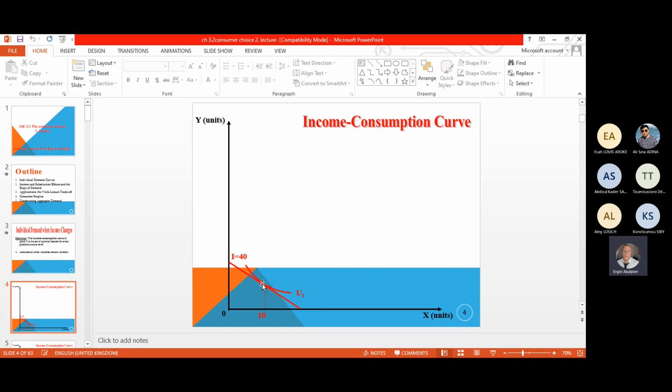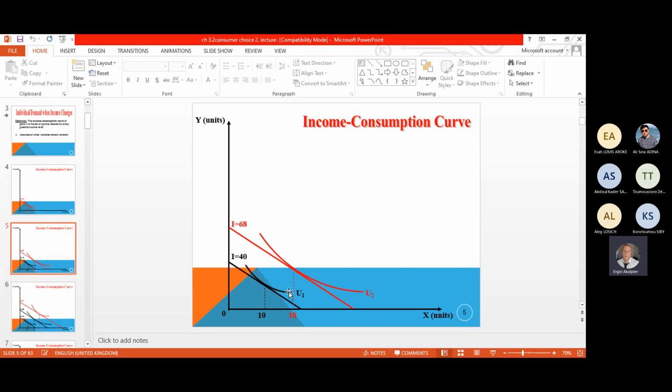Then the tangent position, where it is tangent at 10, is the best possible combination for any consumer, let's say Mary or John. As given here, the y units of any good and x units of any good combination will be realized at the tangent point, where 10 units of x is the best possible combination, and for y it is not given, but it is estimated regarding this direction.